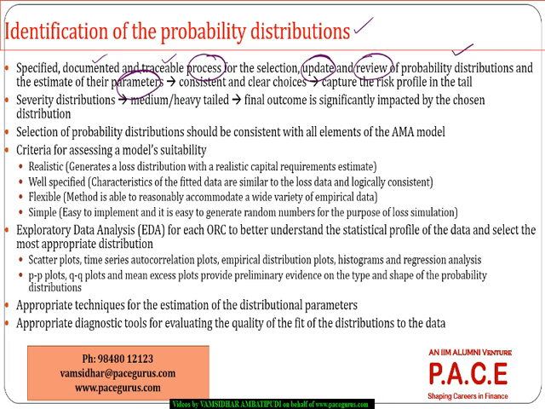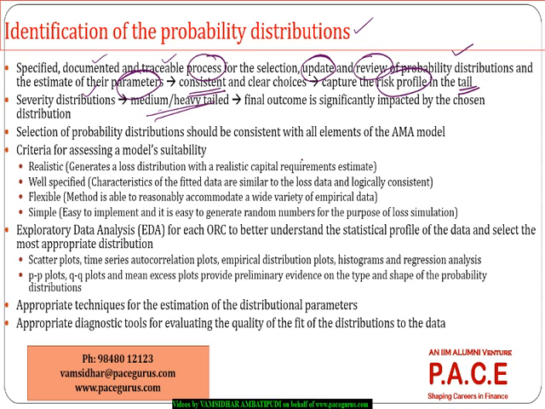It should be very much consistent with the risk profile of the bank, and the entire risk profile, especially in the tail, needs to be captured. We know that the severity distributions generally are medium-tailed or heavy-tailed. So depending on the kind of distribution that we have chosen, it is going to seriously impact the overall outcome.